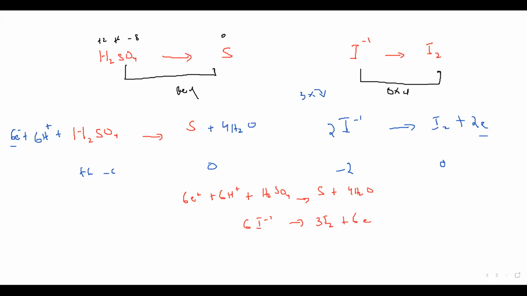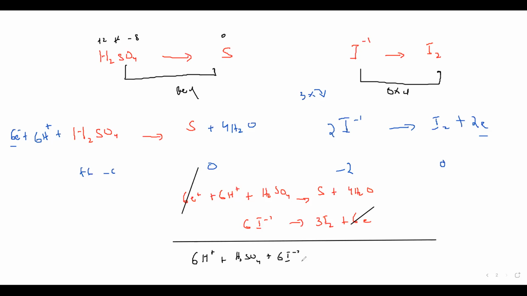Then we combine the 2 equations by adding the 2 equations. So the electron will cancel with electron. So we are left with 8 protons, 6 protons, H2SO4, 6 iodide changes into sulfur, plus 3 iodine molecules, plus 4 H2O.